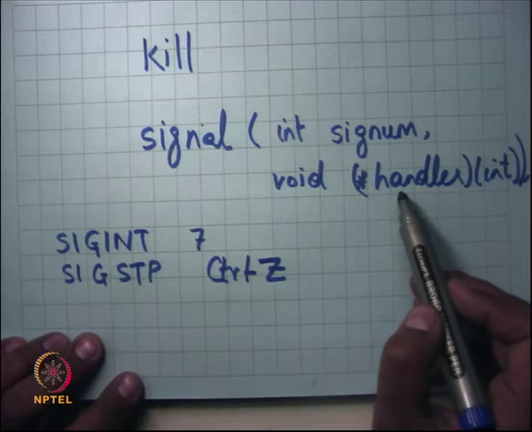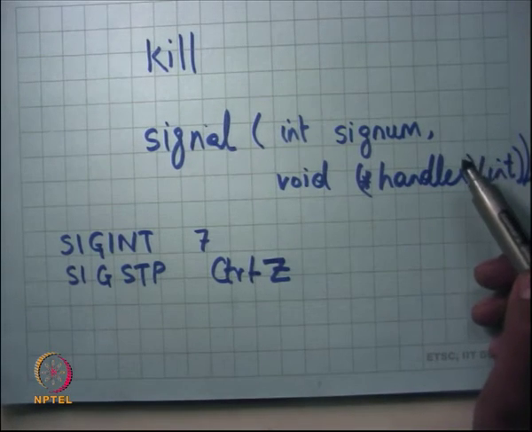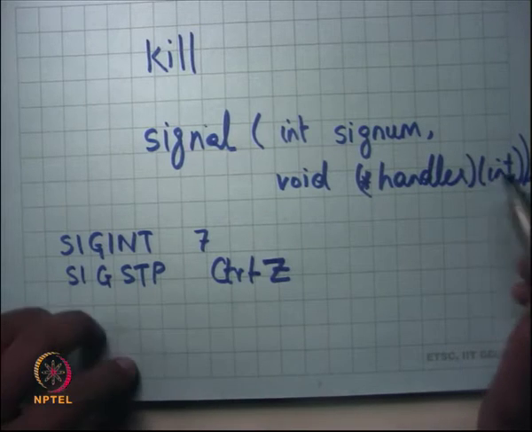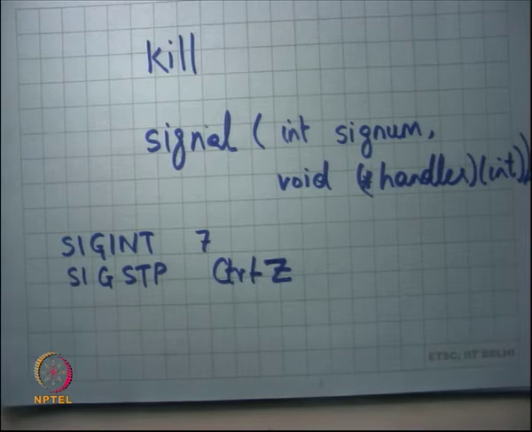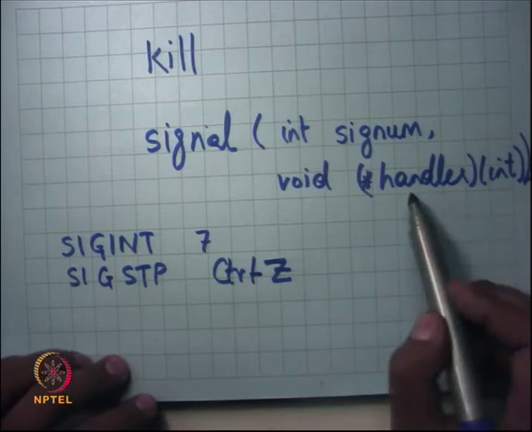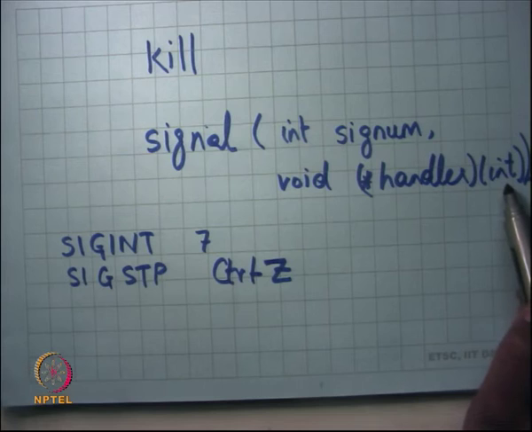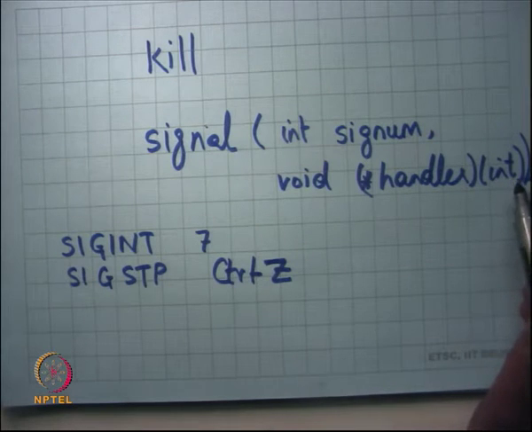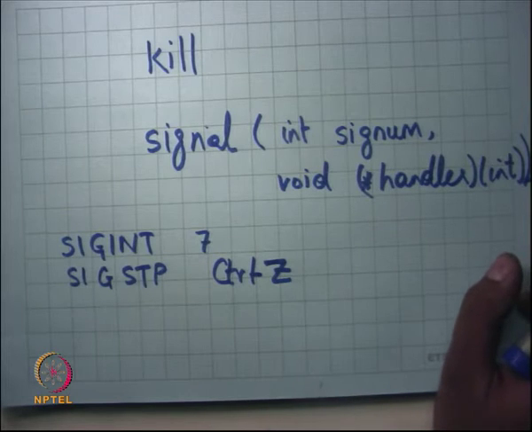Often people use the same function to handle multiple signals, and this argument allows you to disambiguate what the signal was, and you may want to take different actions depending on it. The signal handler takes an integer argument which says what the signal number was that was generated, and that allows you to have the same function pointer, the same handler, for multiple signals.